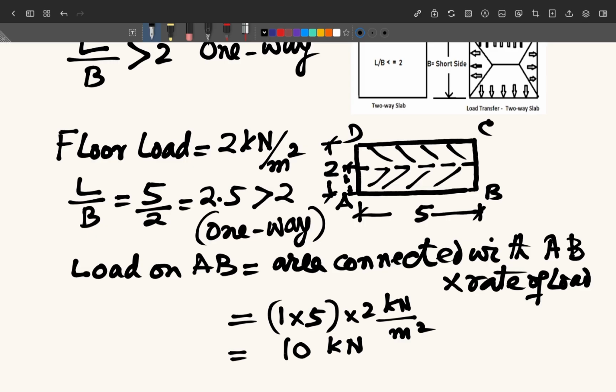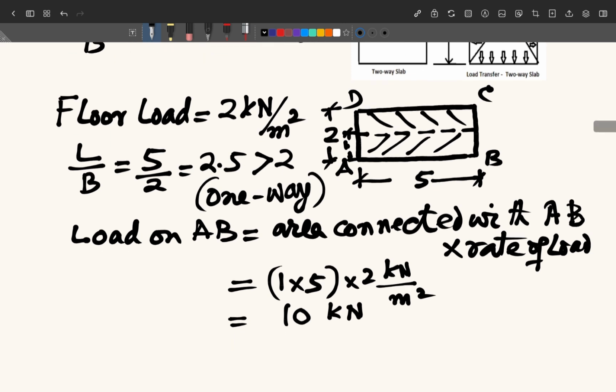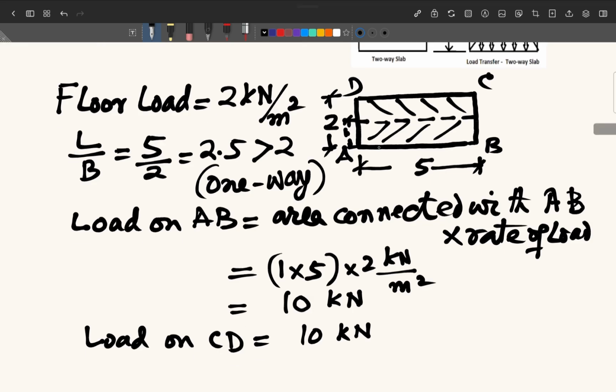Means the load on this beam AB is equal to 10 kilonewton, and similarly the load on CD will also be 10 kilonewton, because it is connected with the same type of area.